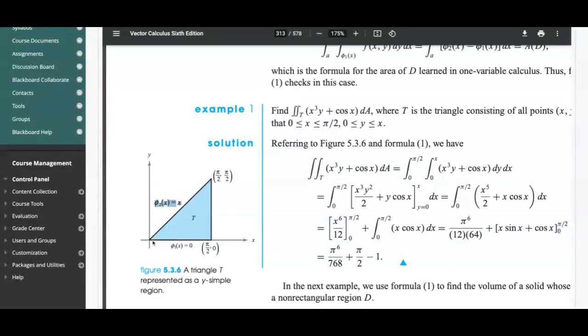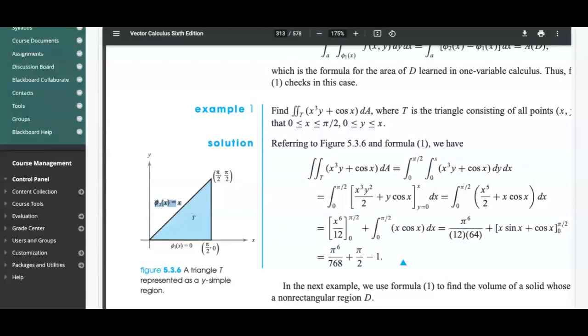So for this region, the x value goes from 0 to pi over 2, and the y value goes from 0 to y equals x. So that's this triangle. With this general region, x simple or y simple, we need to draw the right picture of the region.